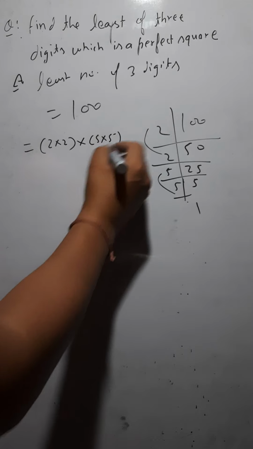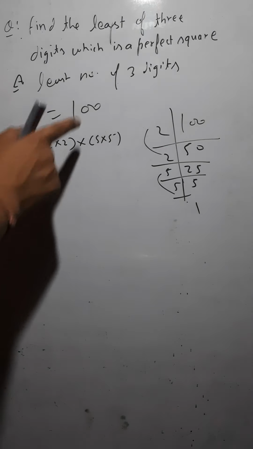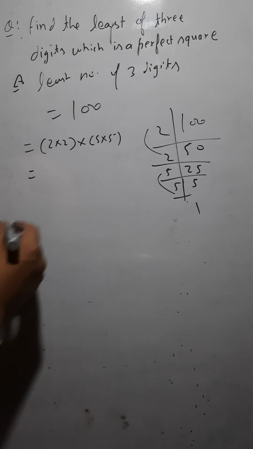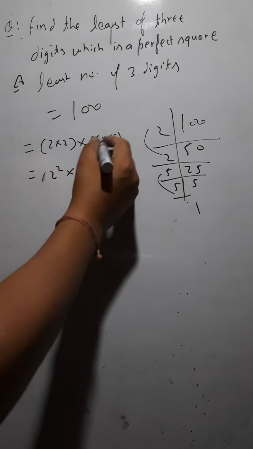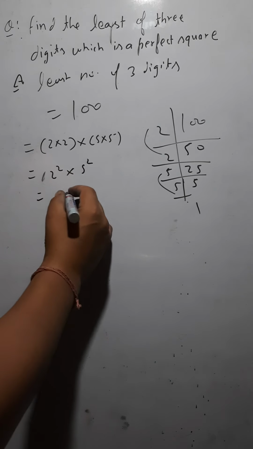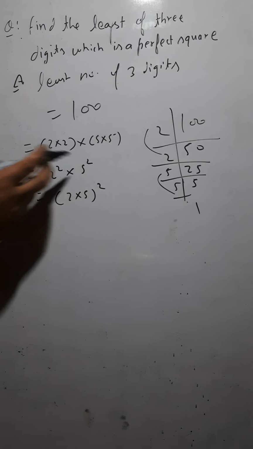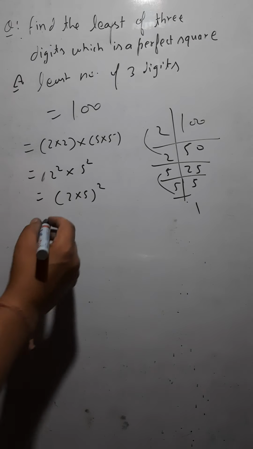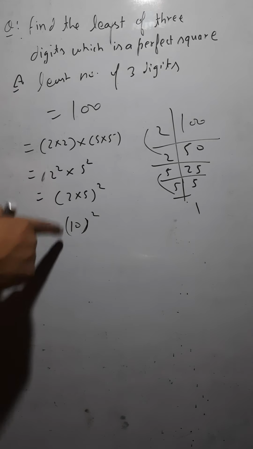This means we have a pair of all the prime factors. It means 100 is a perfect square, and it is the square of 2 and the square of 5. You can write it together as a whole square, so it would be the square of 10.